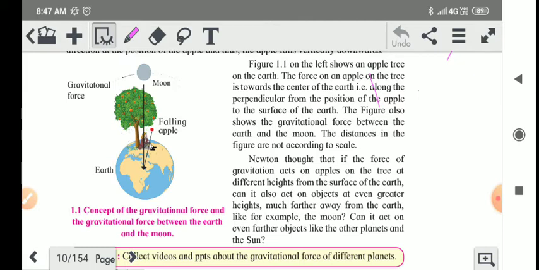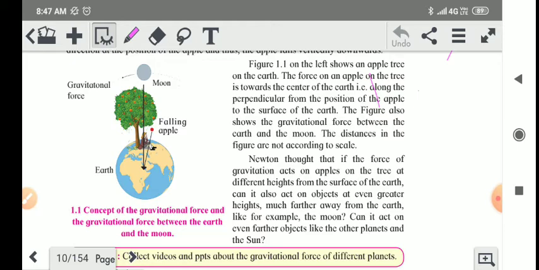The force on an apple on the tree is towards the center of earth. That force of attraction is along the perpendicular from the position of the apple to the surface of earth.